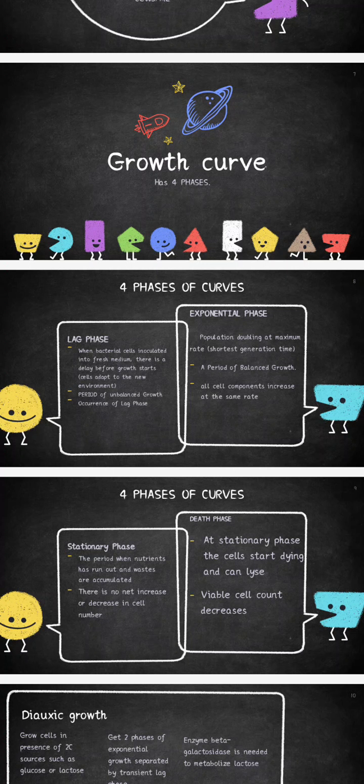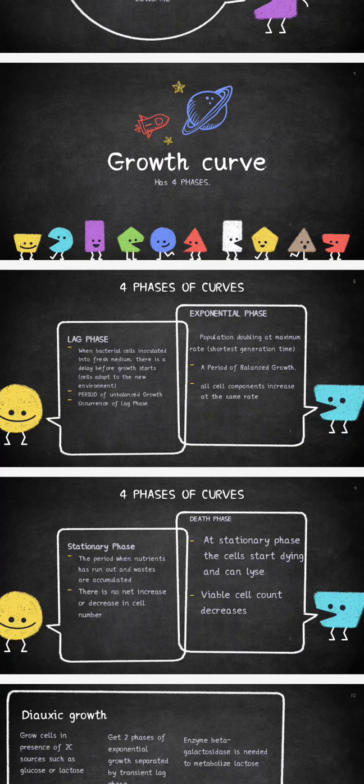Next, transfer cells from a rich growth medium to a poorer one, and cells must make enzymes for things missing in the growth medium. And third, inoculate cells damaged by heat, radiation, or chemicals into fresh medium, which will require time to repair the damage.